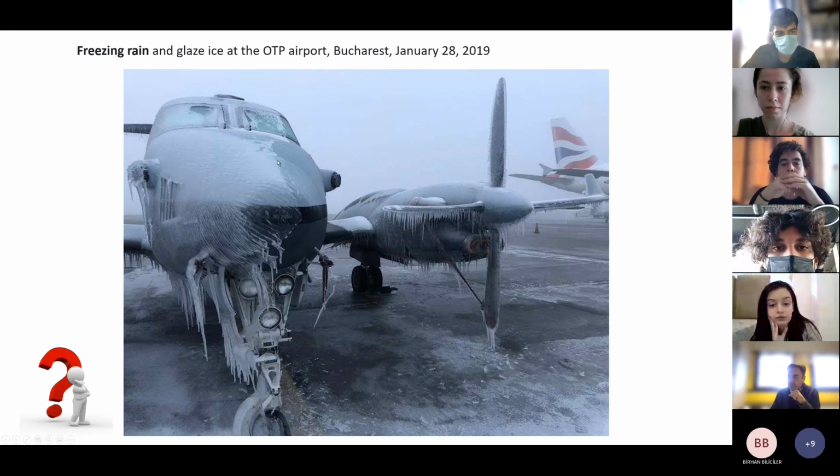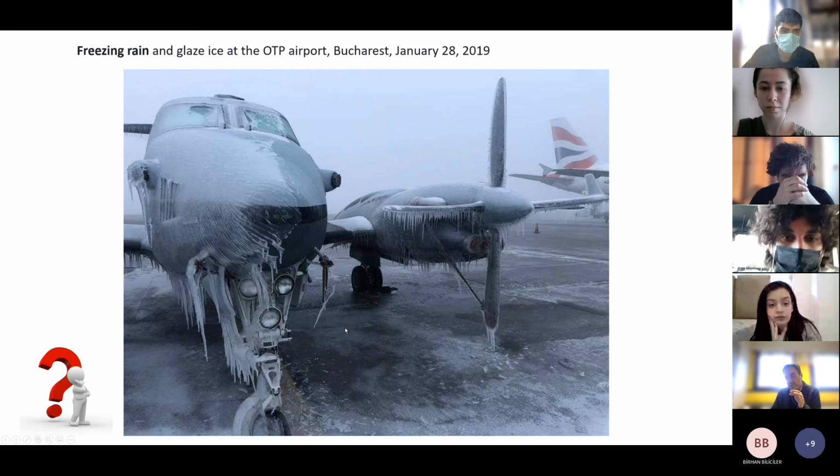But the temperature in the atmosphere is not less than 0, maybe very close to 0. Once rain contacts the airplane, and the wind direction is also clear, just once it contacts, it transforms to solid. It is called freezing rain. Good.